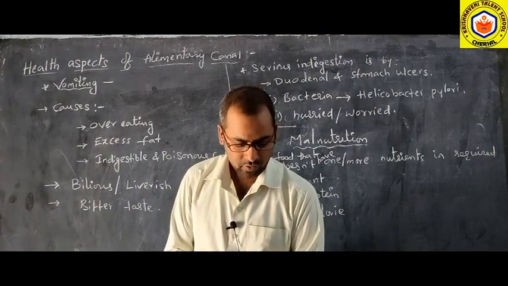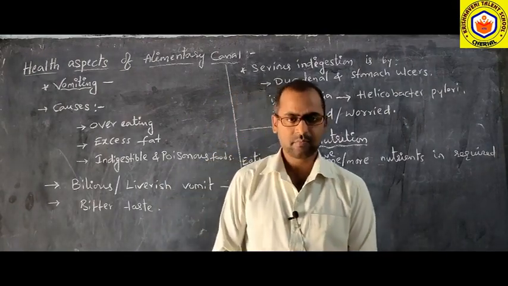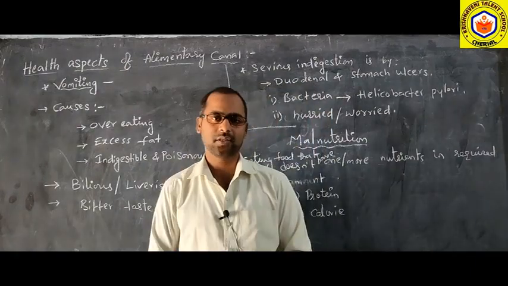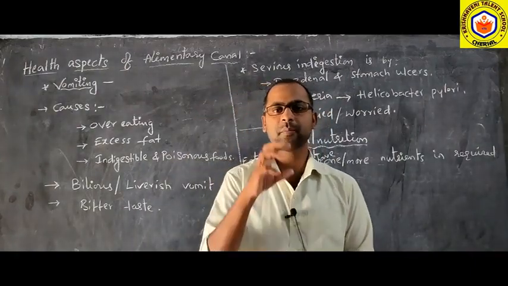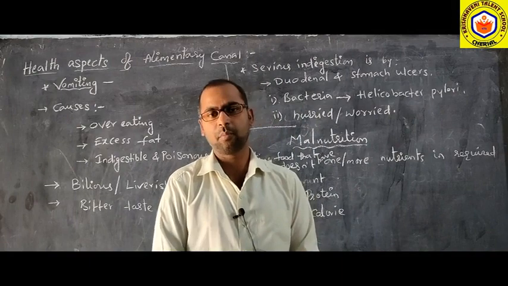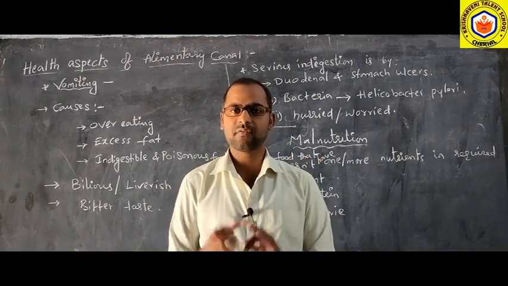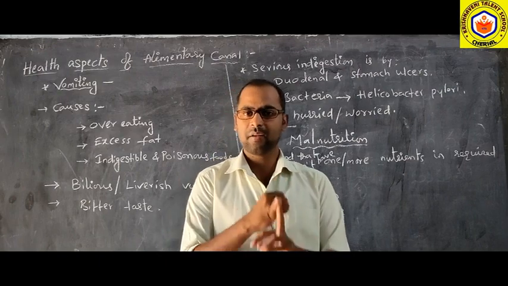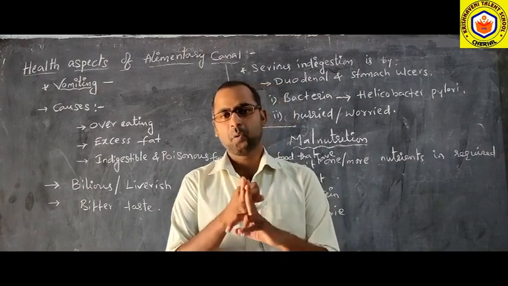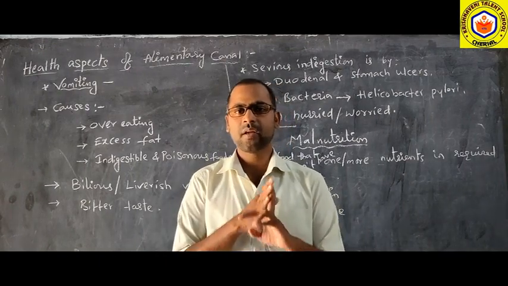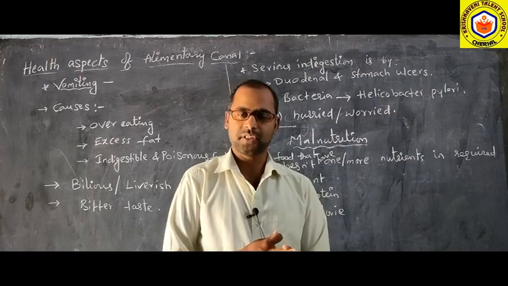So we have to eat food which is well nourished, which contains all the nutrients in proper amounts, in proper proportions. Okay, there are three types of malnutrition. First one, calorie malnutrition, protein malnutrition, and calorie protein malnutrition.